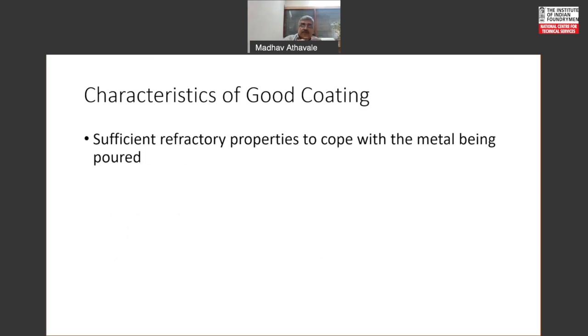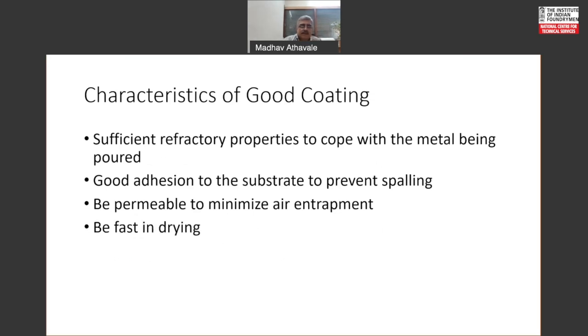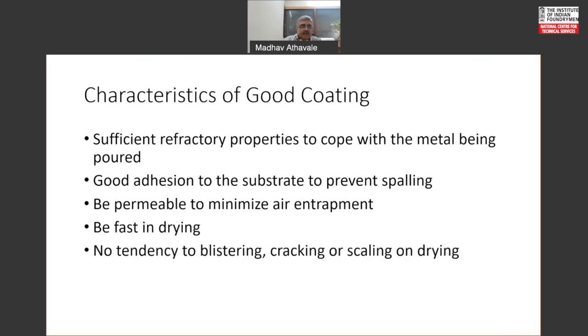Refractory properties to cope with the metal that is being poured. Good adhesion to the mold or core surface. It should not spall, it should not get washed away. It also should have a certain level of permeability to minimize air entrapment. It should be fast enough in drying.